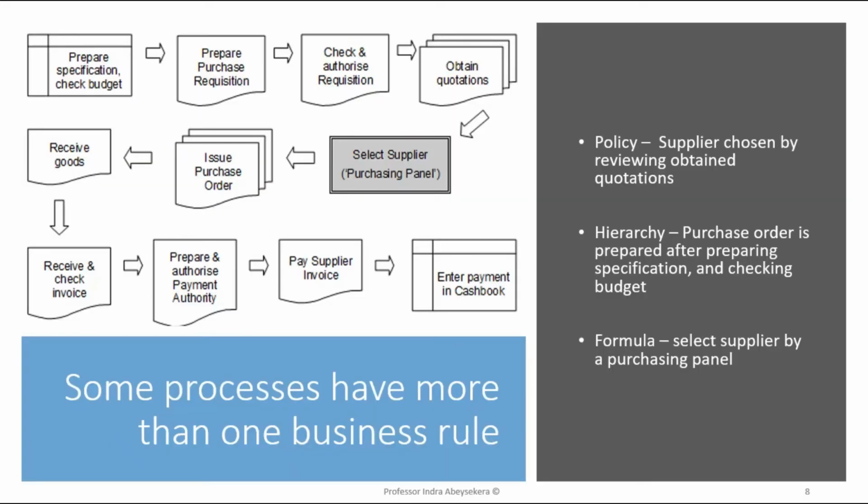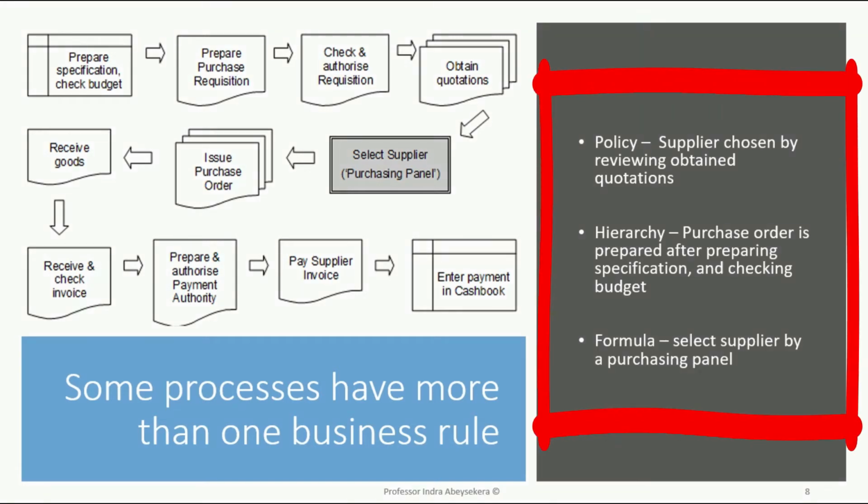So we talked about the three types of business rules applied to data before it's accepted into the database: policy, hierarchy, and formula. For example, a policy could be a supplier chosen by reviewing obtained quotations.